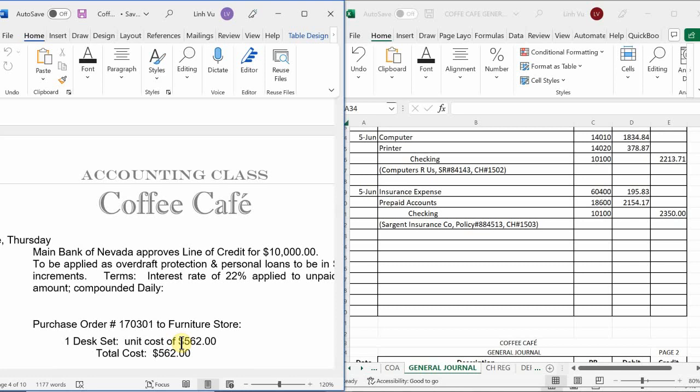Yeah. Would that be in the sub-account? What do you mean by sub-account? For the line of credit? Maybe I'm not understanding it right. Because you have checking, and wouldn't it be your new Visa card? Well, this is, okay, so this is Maine Bank of Nevada.